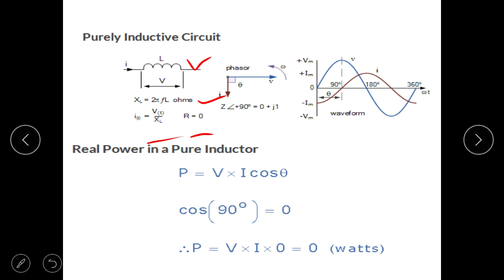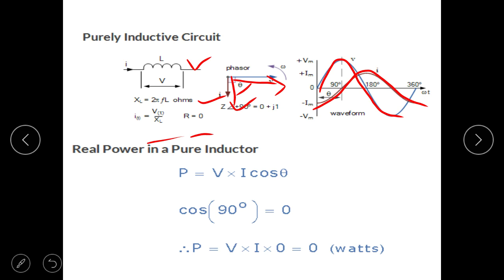So in a pure inductor, current lags the voltage by 90 degrees. In this waveform, V and I have a 90 degree separation. The waveform represents voltage and current. In this waveform, voltage is leading the current by 90 degrees.